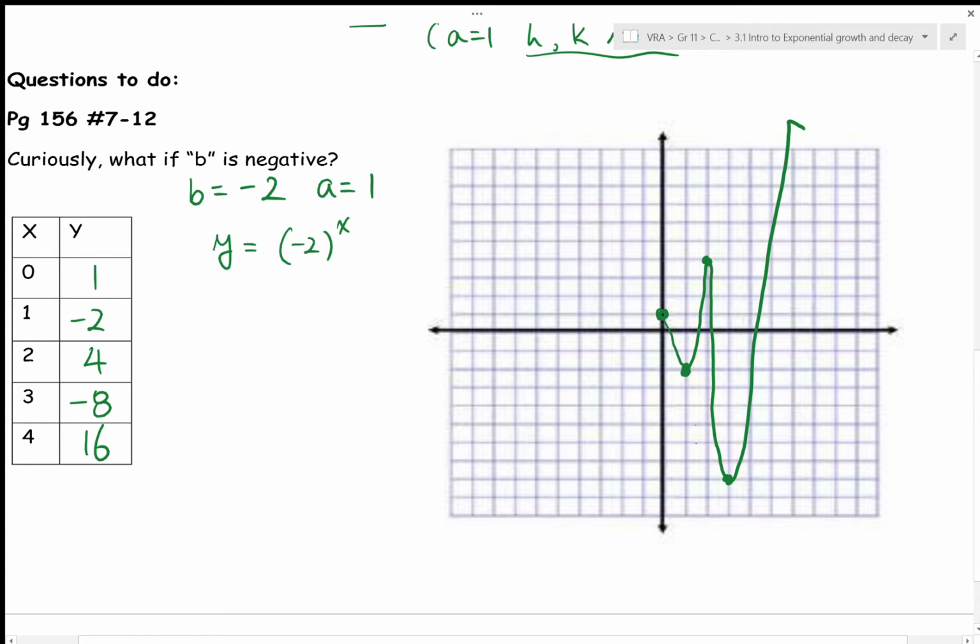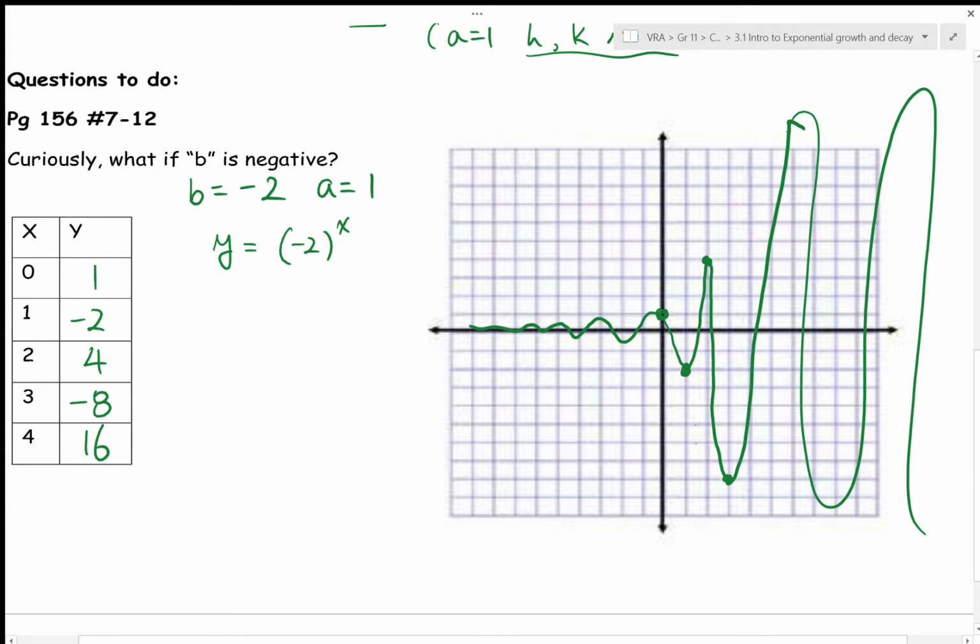In terms of how it looks, it goes like that, and in this direction, it goes like that. So this is called a harmonic function. This is not an exponential function. An exponential function's base cannot be negative because it doesn't have the properties of exponential functions.